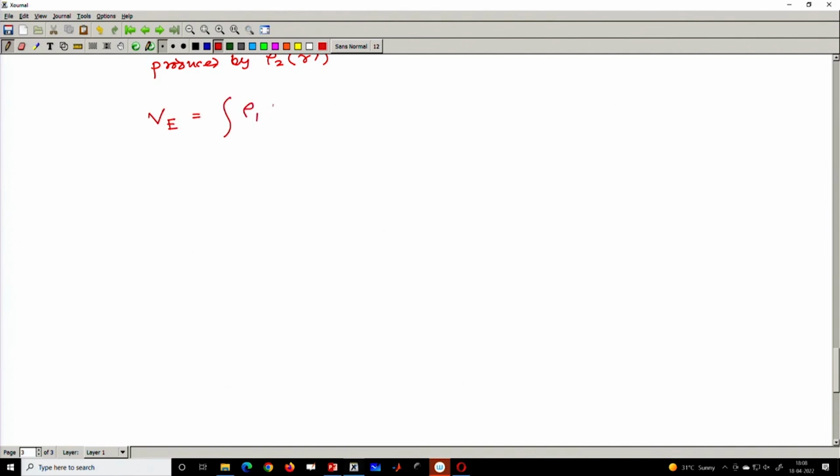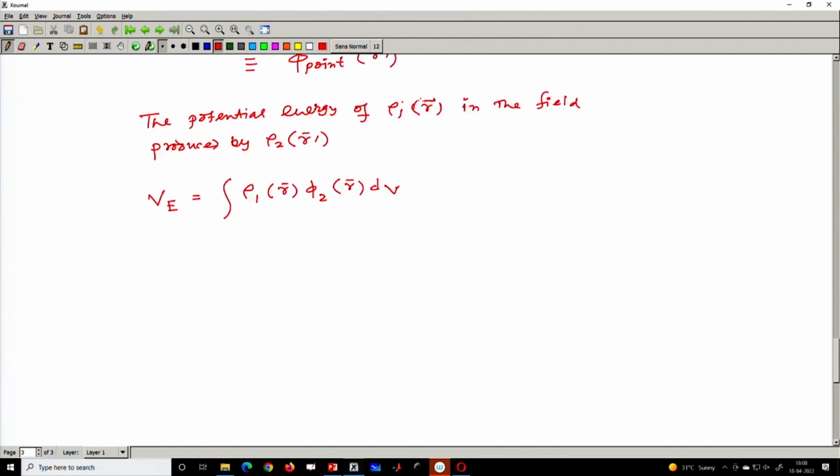the integral of rho 1 at r and then phi 2 produced by rho 2 at point r, dV, right. Now, according to the reciprocity theorem, this can be simply represented by this: rho produced by phi 2.